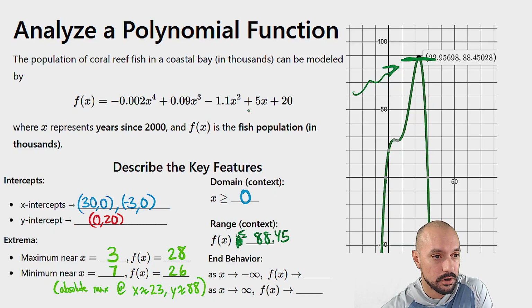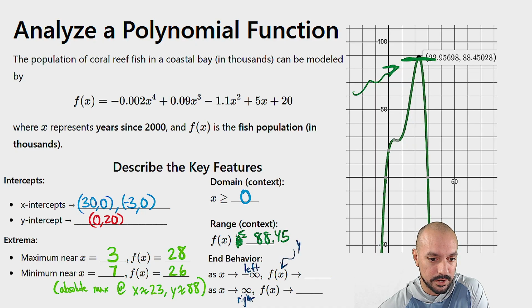All right, for my end behavior. As x is approaching negative infinity, that's the left side. And our other notation says as x approaches positive infinity, that's referring to the right side. And I want to know what's happening to our y values.